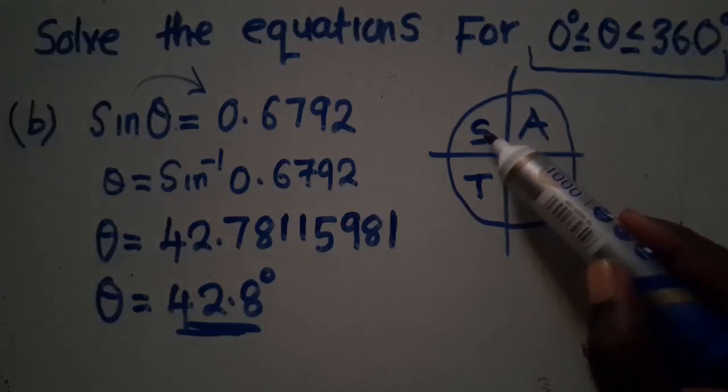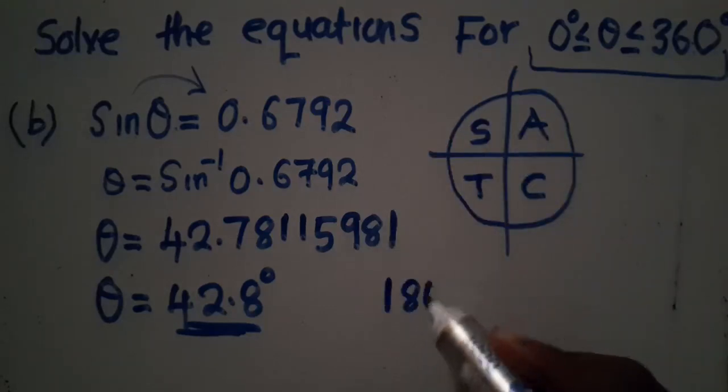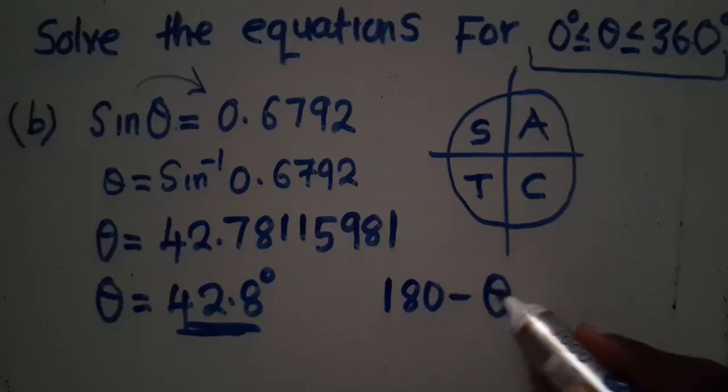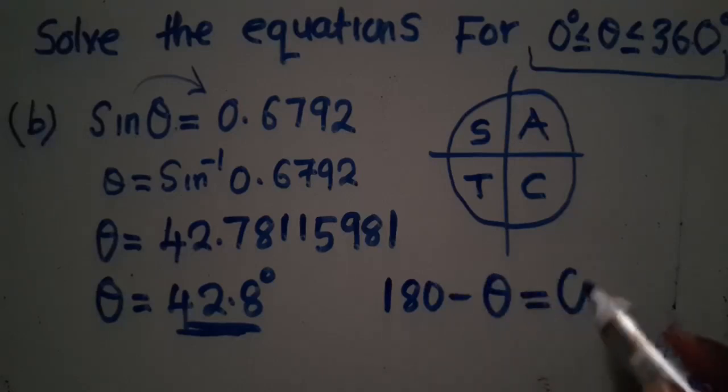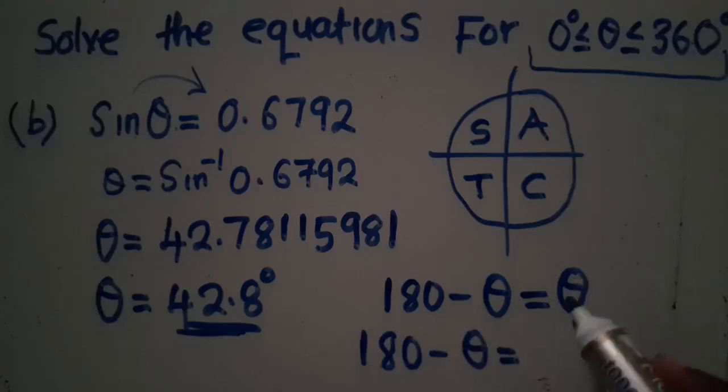How do we find the angle in the second quadrant? You just say 180 minus theta is equal to the angle that you found. You say 180 minus theta is equal to 42.8.